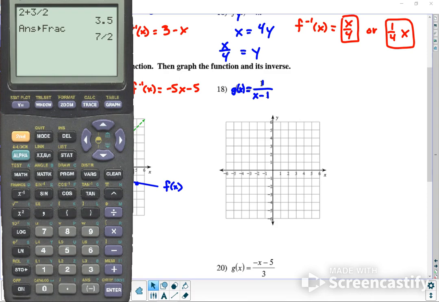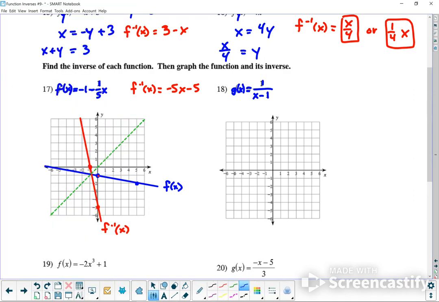So this one actually, it's going to be a little weird. So I'm going to go ahead and graph that first. Okay, so use the calculator to graph that. So what does that look like? That's going to be 1 divided by x minus 1. If I graph it, okay, so it kind of looks like it has an asymptote at the positive 1.